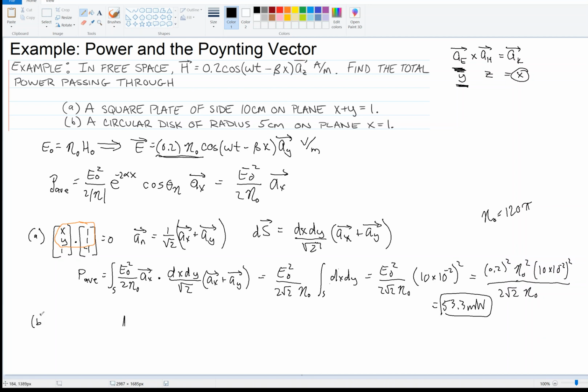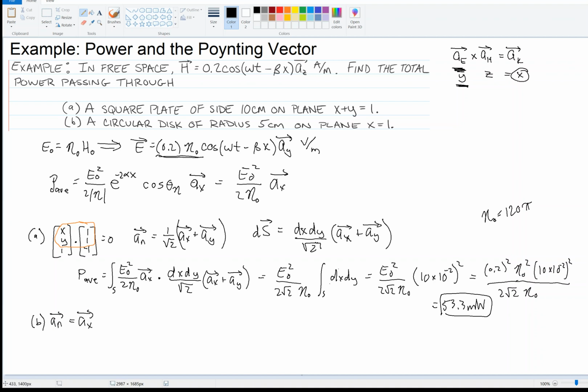Okay, so B is very similar, but we have a different plane and a different area. Notice this thing is on the plane x equals 1, so that means that a normal vector to that plane is simply an equals ax. That's nice.